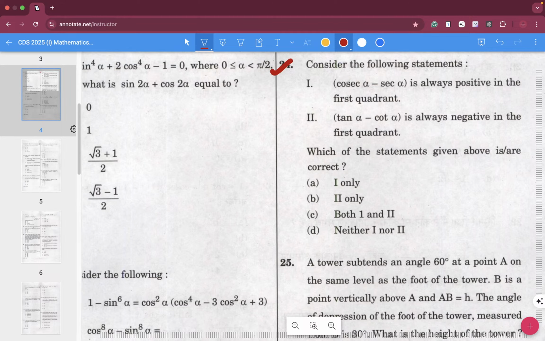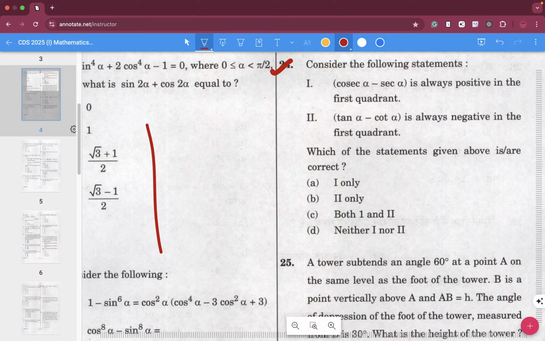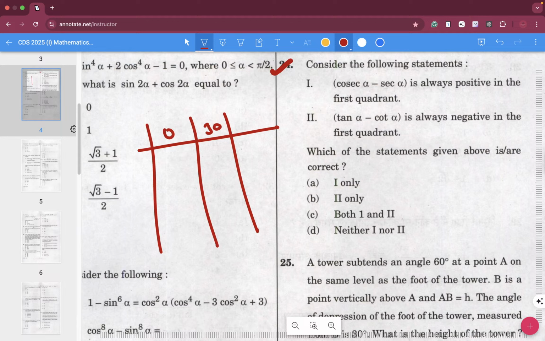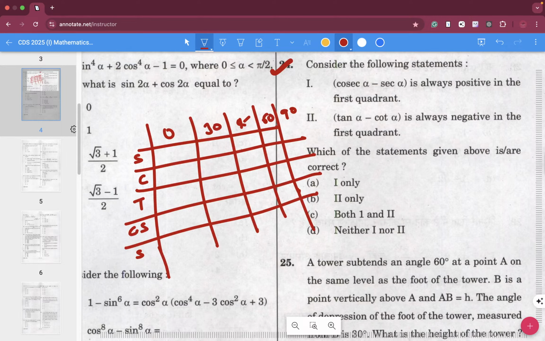So let's just go back to the basics. The basic says 0, 30, 45, 60 and 90, right? This is your sine, cos, tan. Now this is your cosec, this is sec, and over here this is your cot. 0, 1 by 2, 1 by root 2, root 3 by 2, 1.